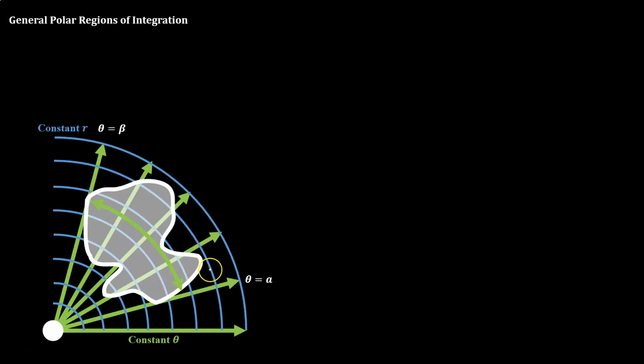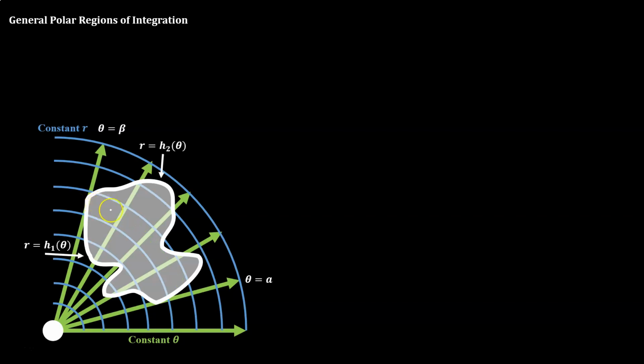Theta, however, is still going to be between two constants. And that's basically one of the best parts about integrating over a polar region, is that you can guarantee that theta will be squeezed between two constants. Even if the region just comes to a little point, we can say that once that radius spans over the region, there's going to be one little point that exits at a constant value of theta.